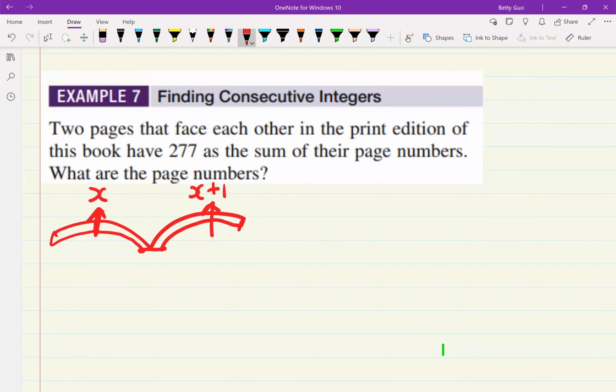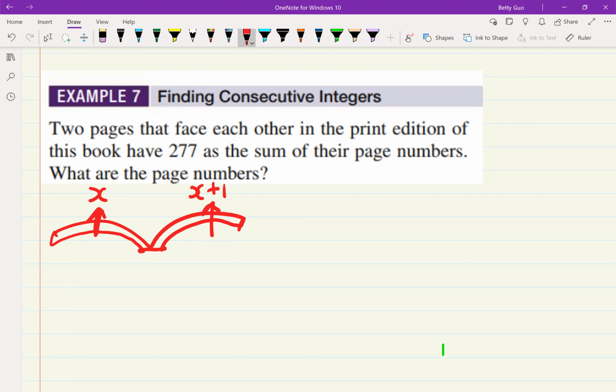Do you agree? If the page on the left is number X, then the one next to it would be X plus 1, right? 2 pages that face each other, then their page numbers must be consecutive integers. Does that make sense?